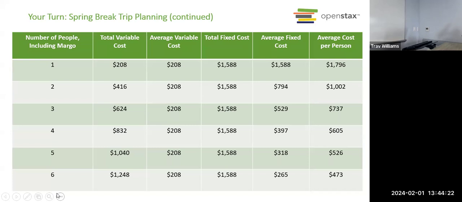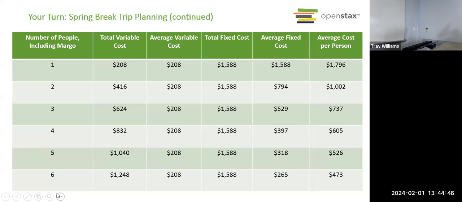Okay, sorry. I made this table, by the way. I might have messed it up. Let me think. Average cost per person. So we have the fixed cost plus the variable cost. Okay, that makes sense. And here we have the average fixed cost plus the average variable cost.